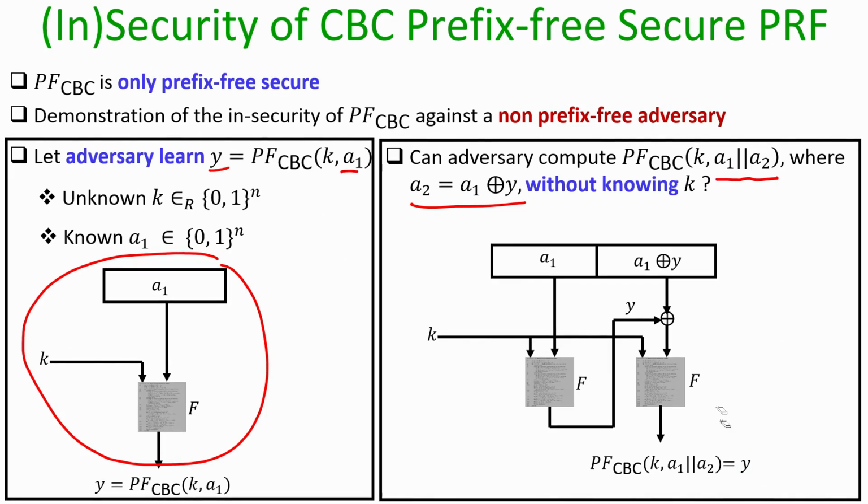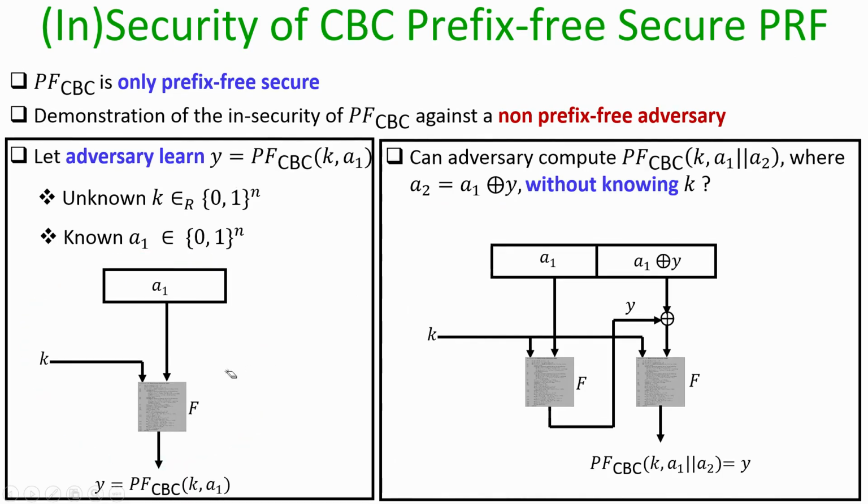So, that means if the set of queries which the adversary can ask does not constitute a prefix-free set, then definitely the construction that we have seen now is not secure, because in this particular example the adversary queries for A1, and then also for the input A1 comma A2, and clearly A1 is a prefix of A1 comma A2.